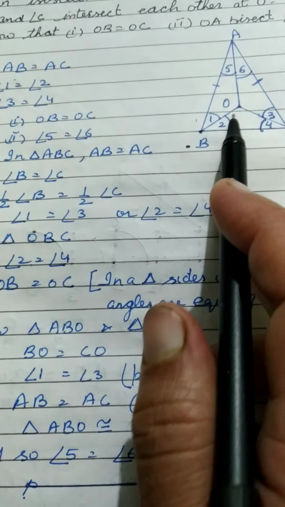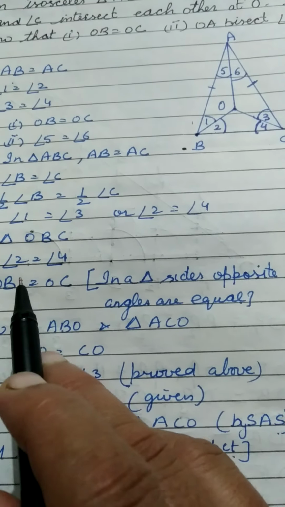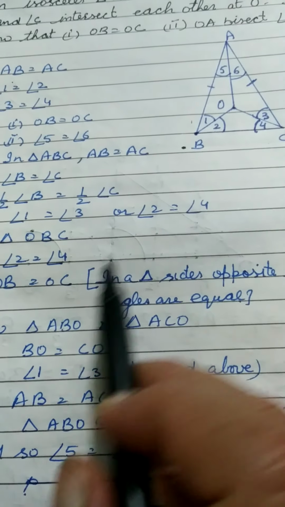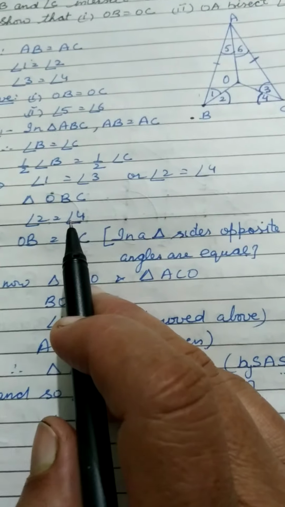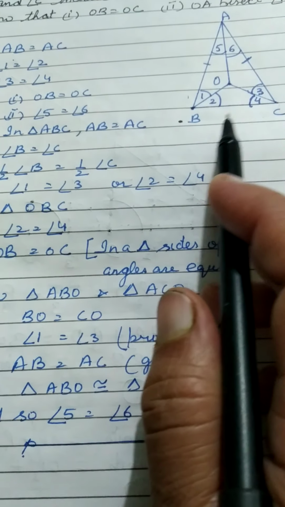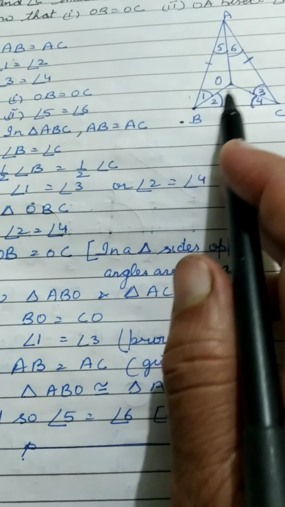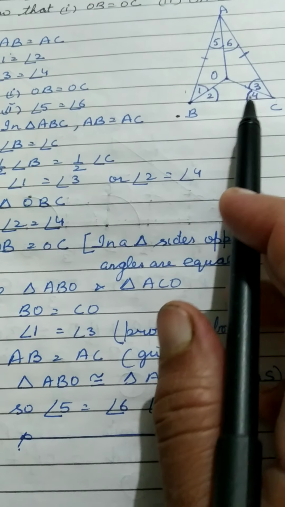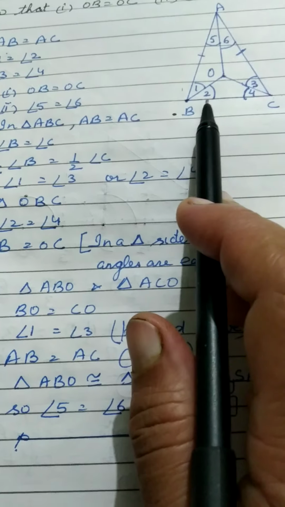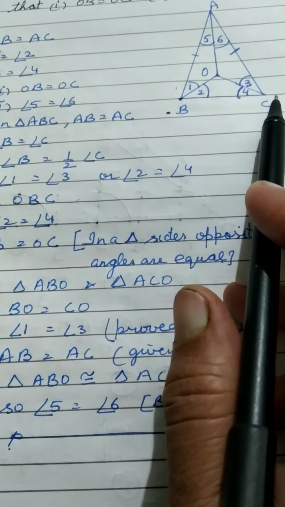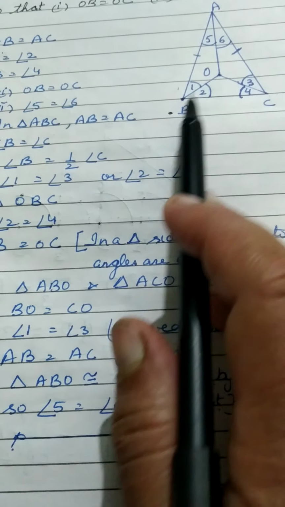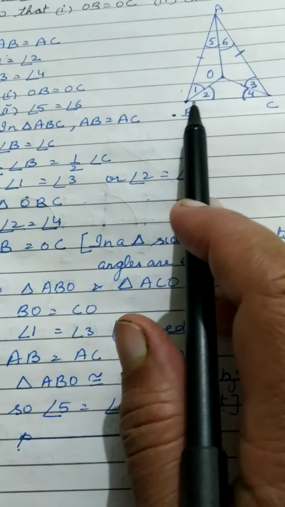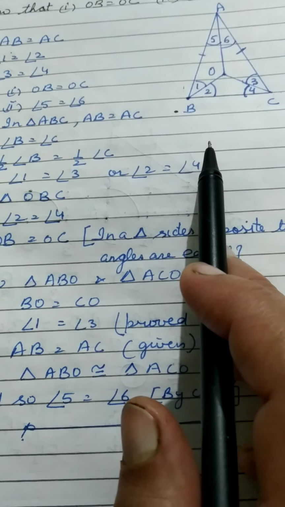Then in triangle OBC, we have angle 2 equal to angle 4. It means OB is equal to OC because sides opposite to equal angles are equal. The side opposite to angle 2 is OC and the side opposite to angle 4 is OB. Then we have got OB is equal to OC.